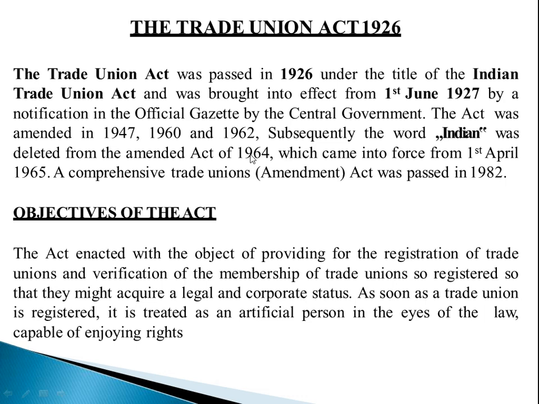The act had amendments in 1947, 1960 and 1962. Subsequently, the word Indian was deleted by the Amendment Act of 1964. Earlier it was the Indian Trade Union Act; now the word Indian has been taken out and it is called the Trade Union Act.